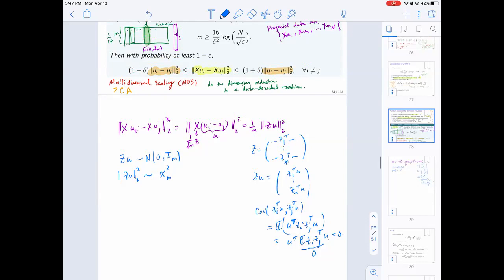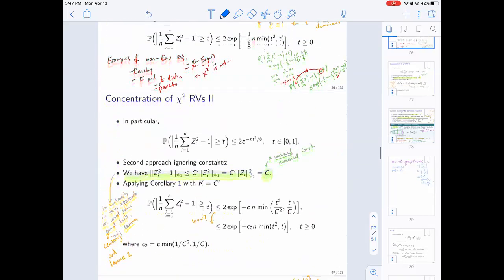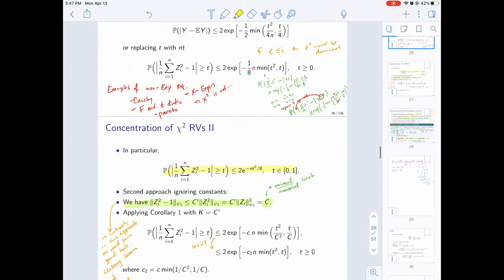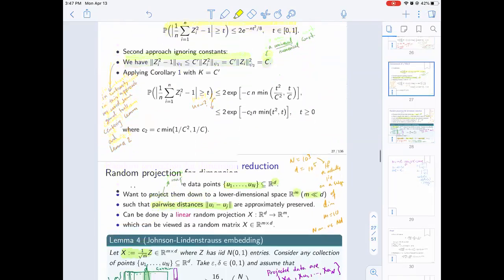So chi squared with m degrees of freedom. We had a result about chi squared, right? So I can now use this result, which I had here: it is sub-exponential, and if I restrict t, it's going to be sub-Gaussian too.